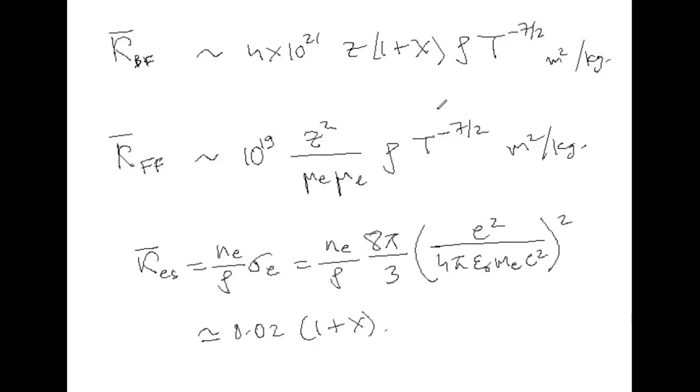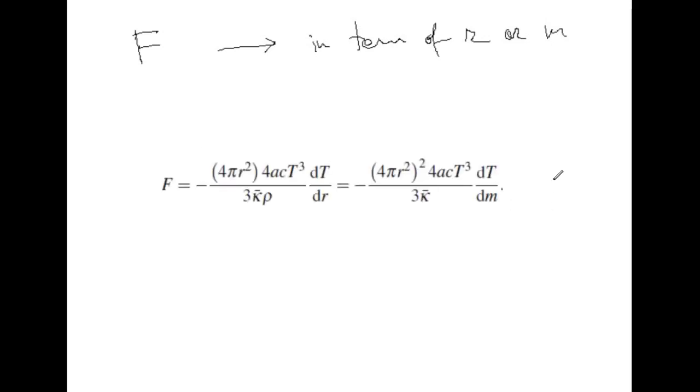Now, so what next? Well, now that we have the opacities in hand, we can express the radiative heat flux in terms of either R or M. Upon doing that, this is the relationship which we get, and that is basically equation 34 and also the fourth equation of stellar structure.